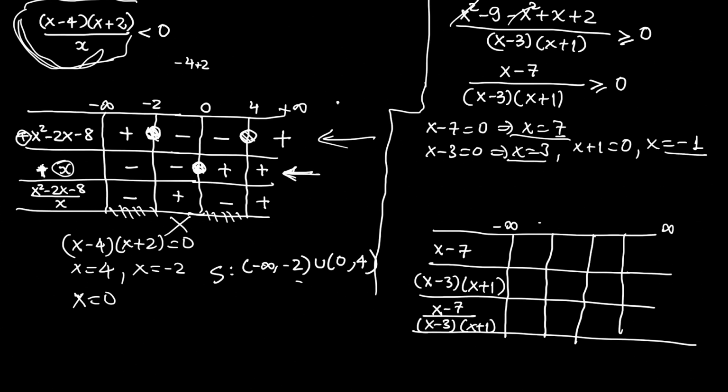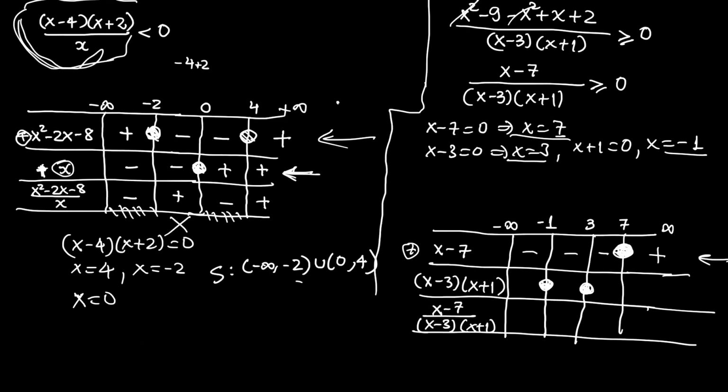So first -1, then 3, then 7. 7 gives me 0 here. 3 gives me 0 here. -1 gives me 0 here. So the sign of x here is positive, right? So I come here, positive. I meet a 0, flip the sign. Like that.